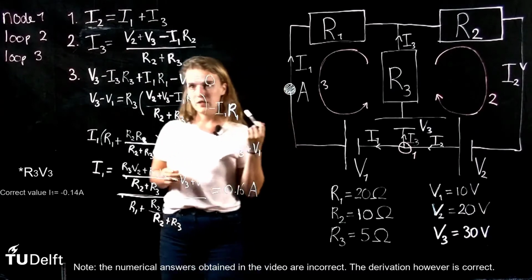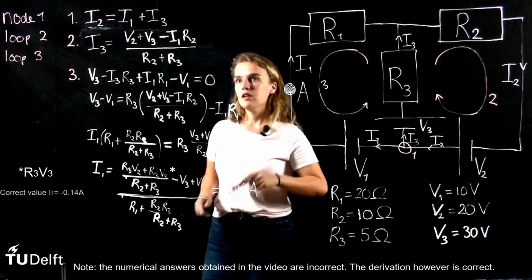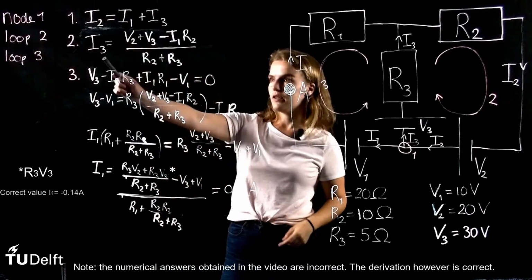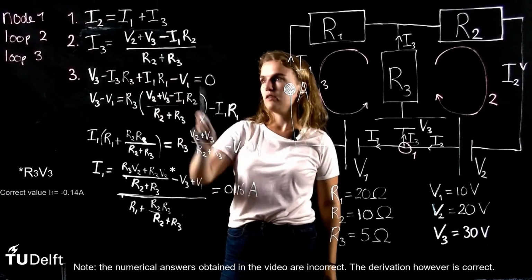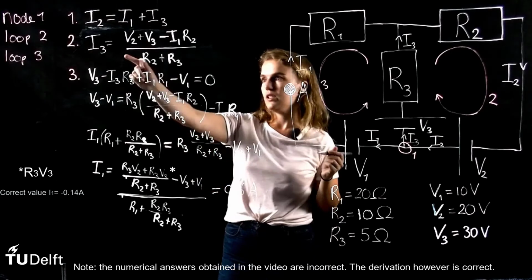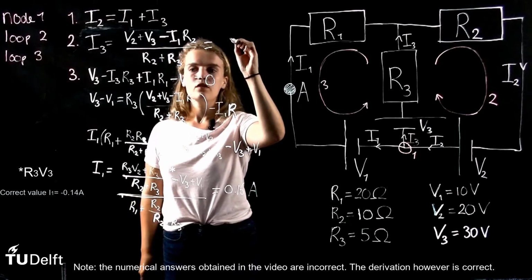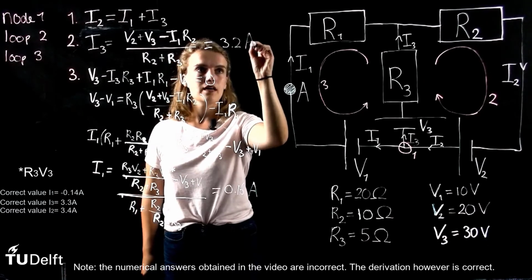Next up, we still need I3 and I2. And as you can see, here we already have the function for I3, and we have now also I1. We found I1. We have all the voltages and the resistances. So here we can also see that I3 is equal to 3.2 amps.